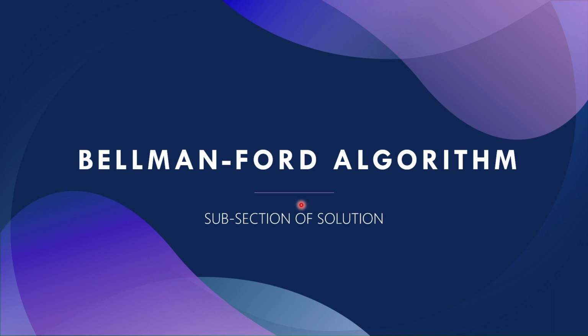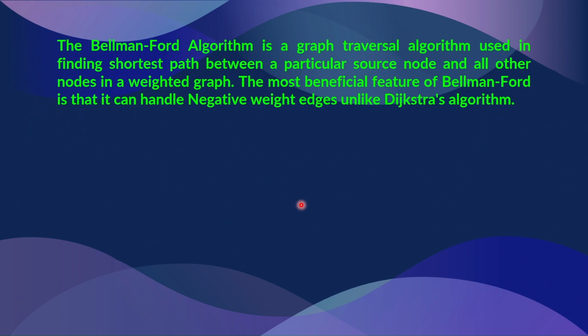This is only a little discussion about Bellman-Ford algorithm, which is kind of a replacement for Dijkstra's algorithm. Now, Bellman-Ford algorithm is also a graph traversal algorithm, which is used to find the shortest path between a particular source node and all other nodes in the weighted graph. The most beneficial feature of Bellman-Ford is that it can handle negative weight edges, unlike Dijkstra's algorithm.